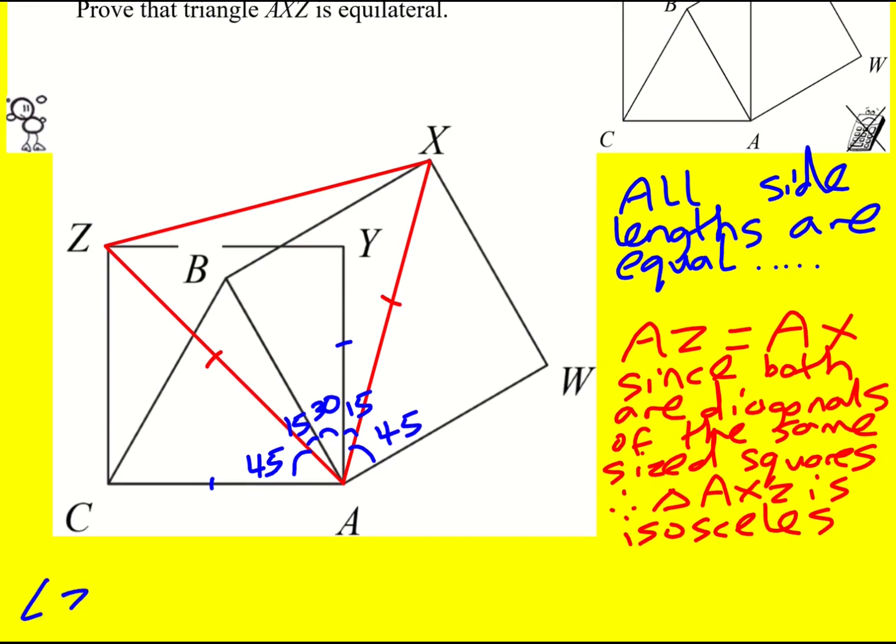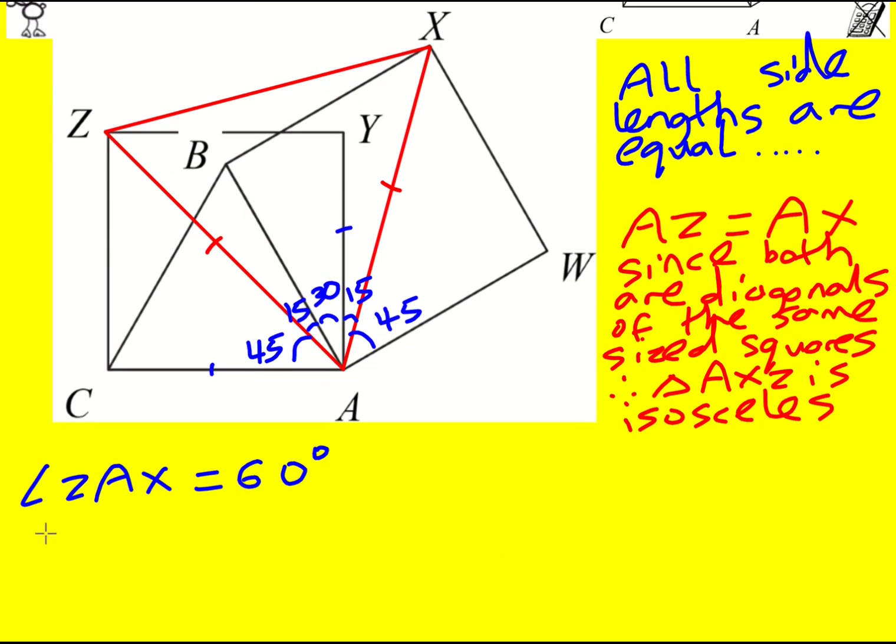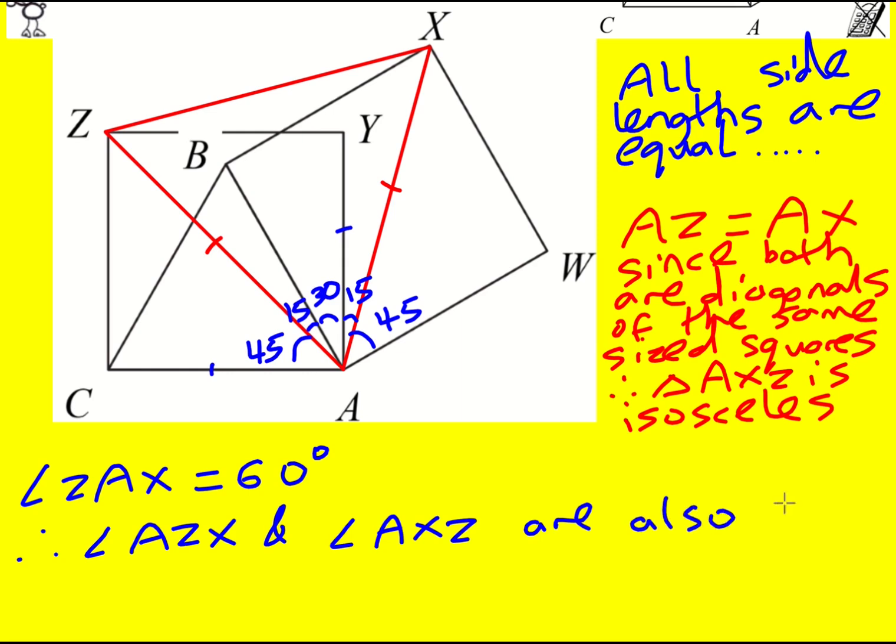Angle ZAX must equal 60 degrees, and therefore angle AZX and angle AXZ are also 60 degrees because it's 180 minus 60 divided by 2.